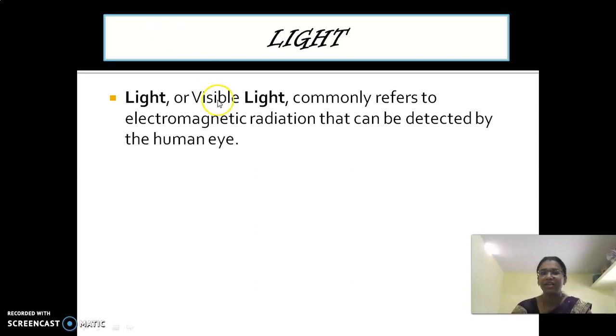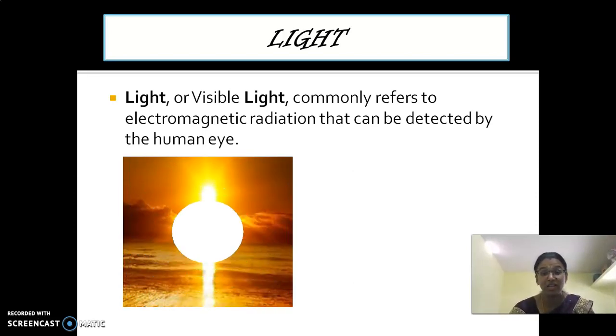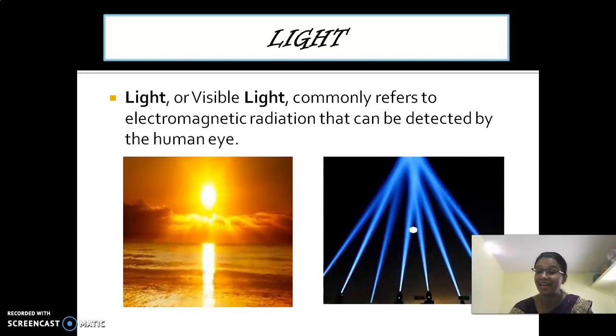Okay? Light or visible light is referred to as electromagnetic radiation. As I said, electromagnetic radiations have both electric field and magnetic field. This electromagnetic radiation can be detected by our human eye. We have many sources of light, but sunlight is the main source of light and heat.